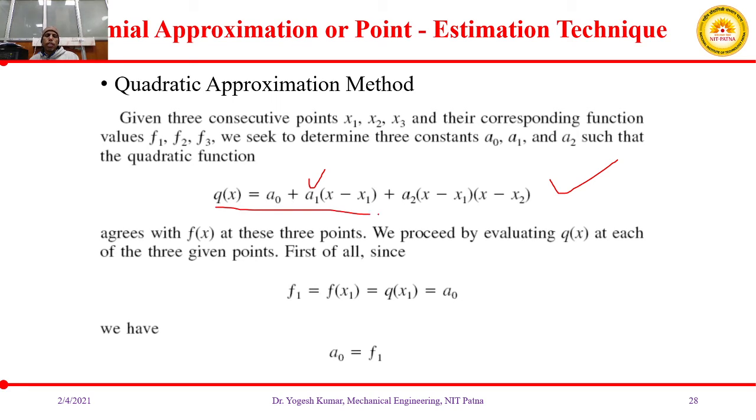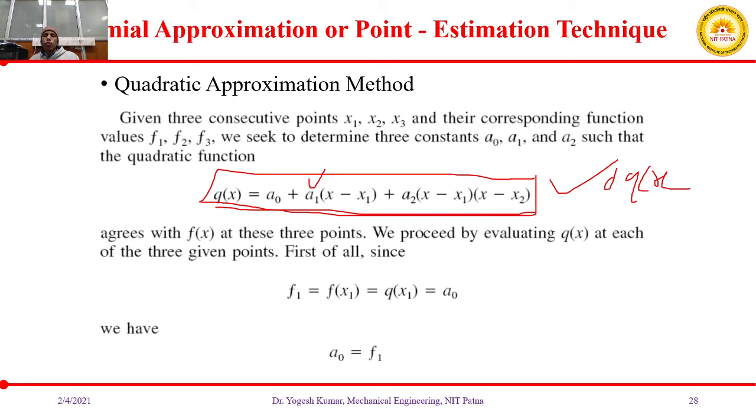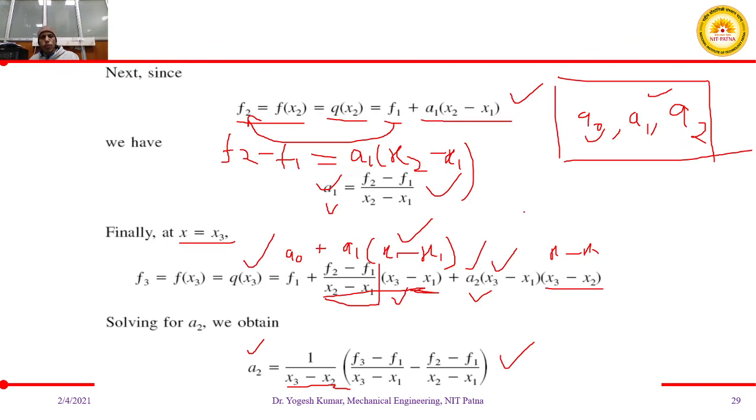If we take the derivative of this, then for the maximum or minimum value, the optimum value, dQ(x) over dx should be equal to 0. We compute the first derivative of this quadratic equation and set it equal to 0.